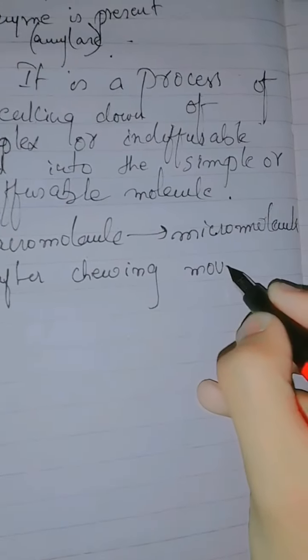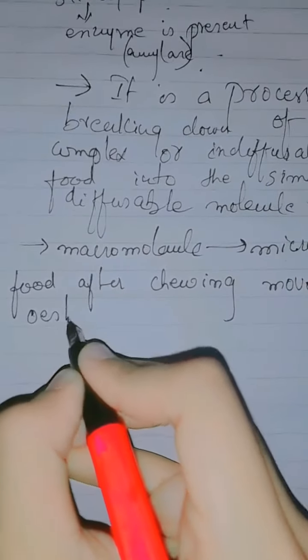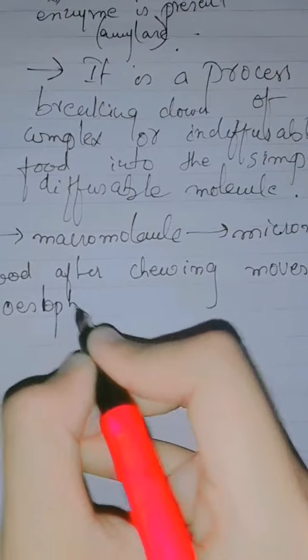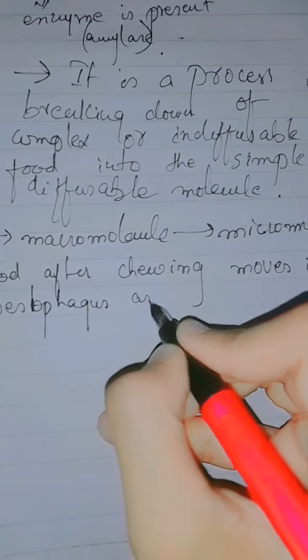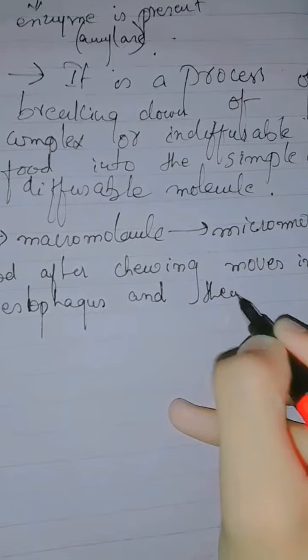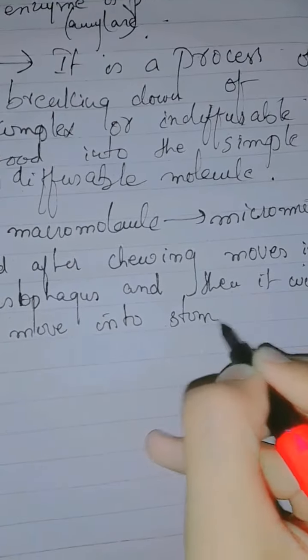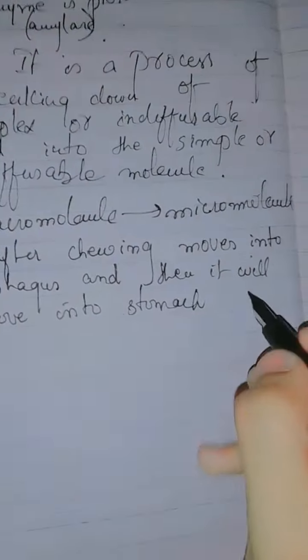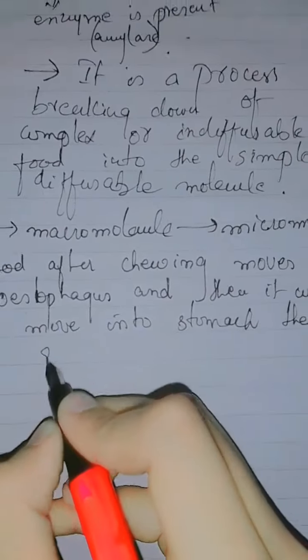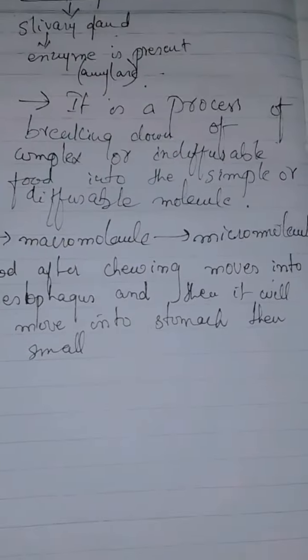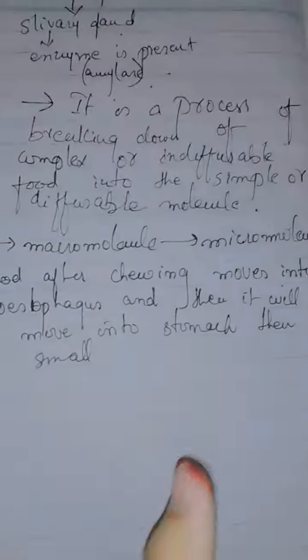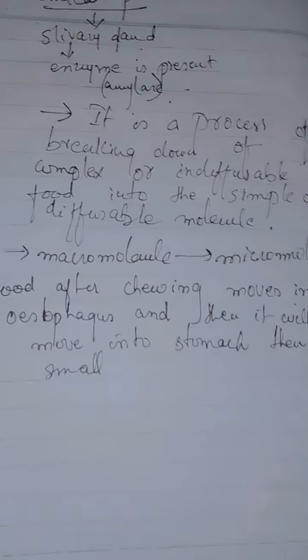So after chewing they will move through the esophagus, then it will move into the stomach, then it will move into the small intestine. We'll be discussing complete digestion later. Here I'm just giving an introduction of how the digestion process occurs.